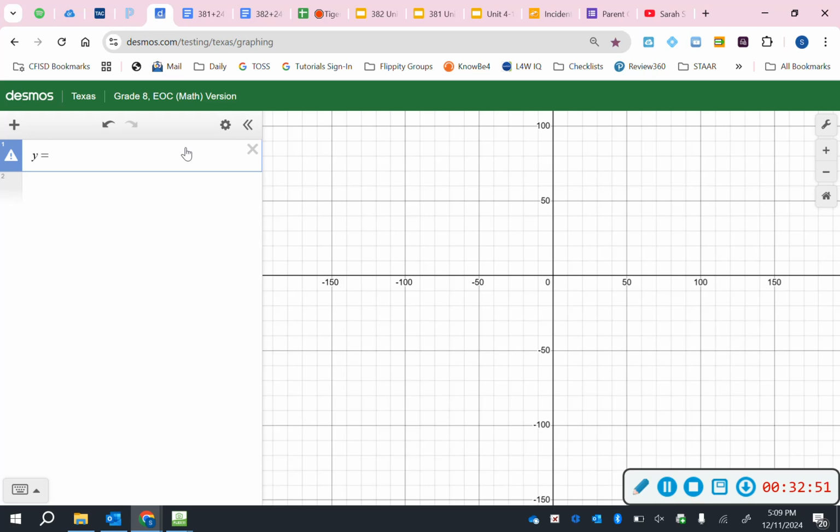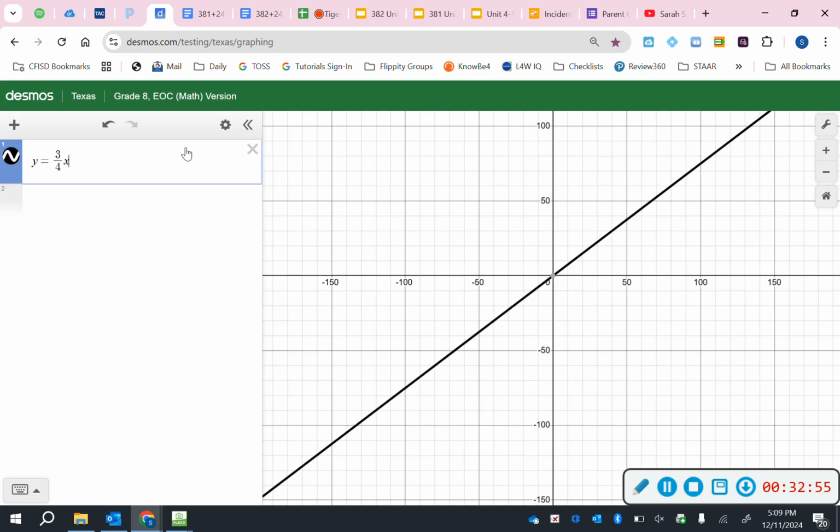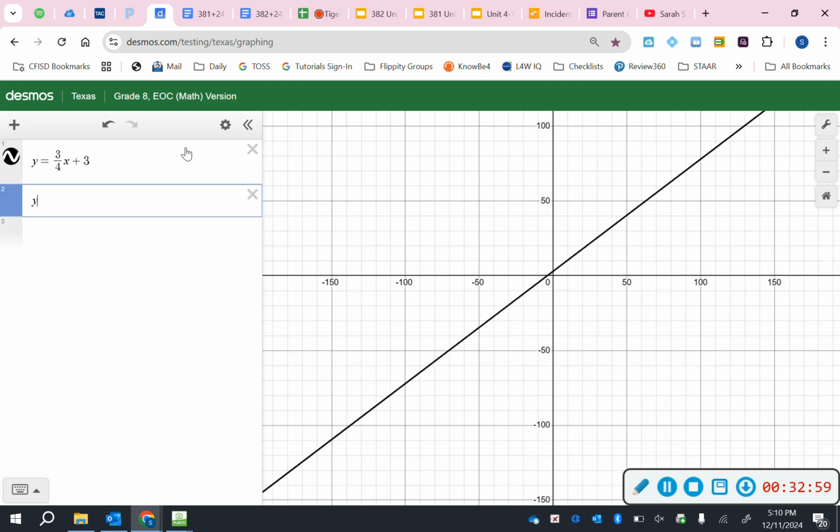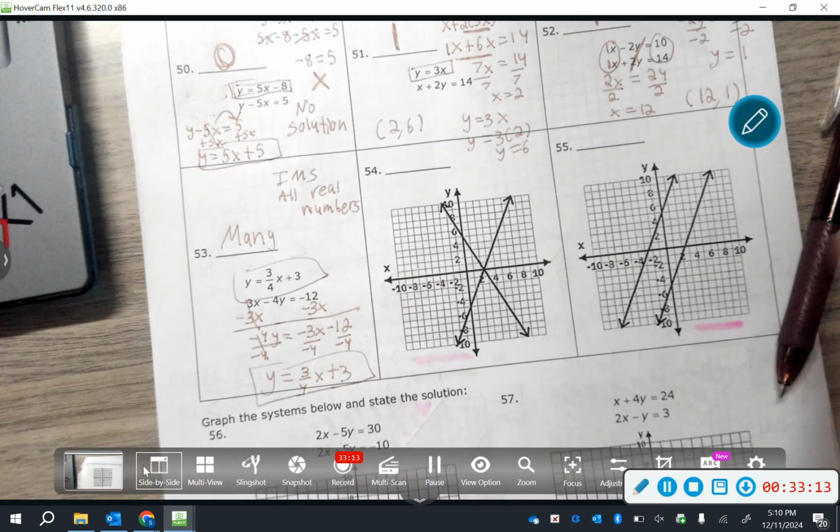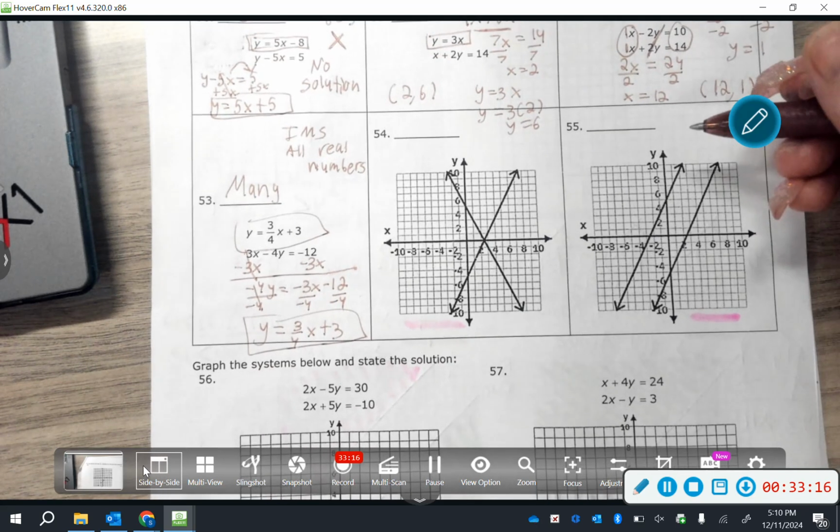Y equals 3/4 x plus 3. They're quite literally on top of each other. They're the same exact line. So we call that infinitely many or all real numbers.